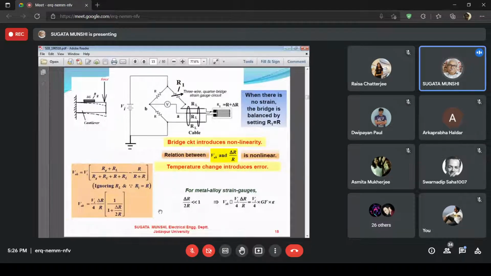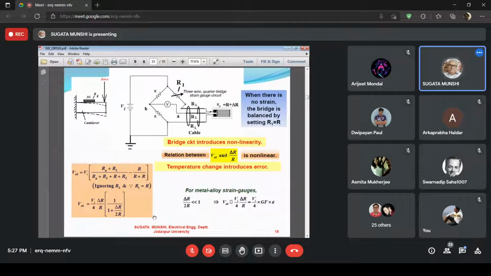Now, there are certain problems. This relation is nonlinear, that is one part of the story. The second part of the story is that when we are considering measurement systems, here we have a resistive sensor. What do we want? We want that the resistance of that sensor should change only due to mechanical strain, not due to anything else.